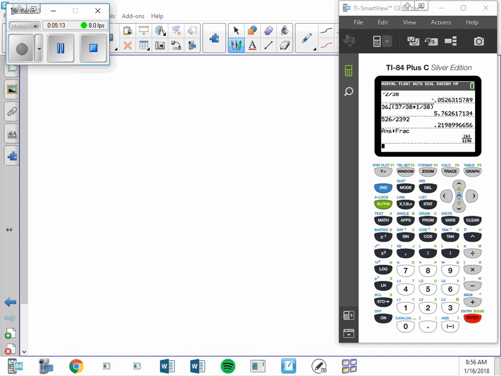Well, how many combinations are there? When we roll 2 dice, what could happen? I could get 1 and 1.